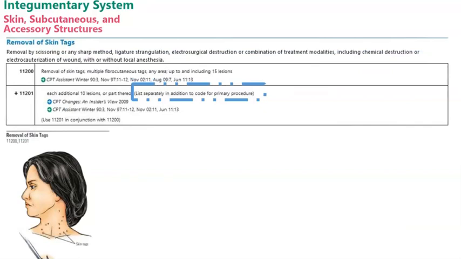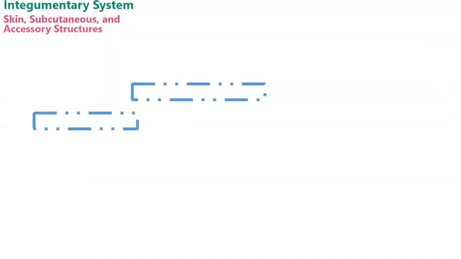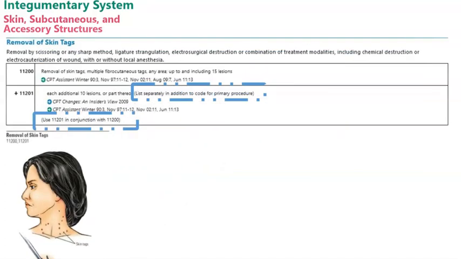Here is a parenthetical note telling you to list separately in addition to code for primary procedure. So this add-on code should be used with 11200. Other instructions are found in parentheses below the note, and they instruct the coder that there may be another, more accurate code to use.